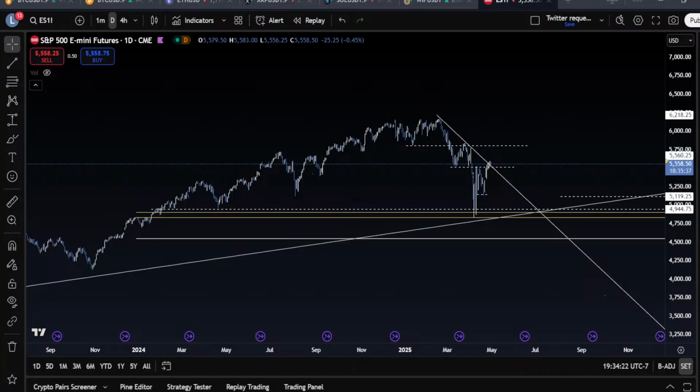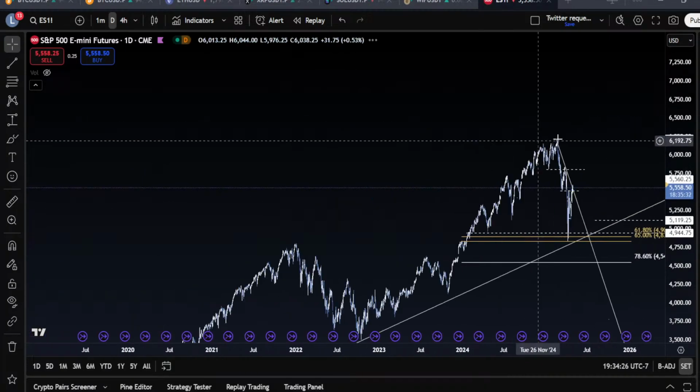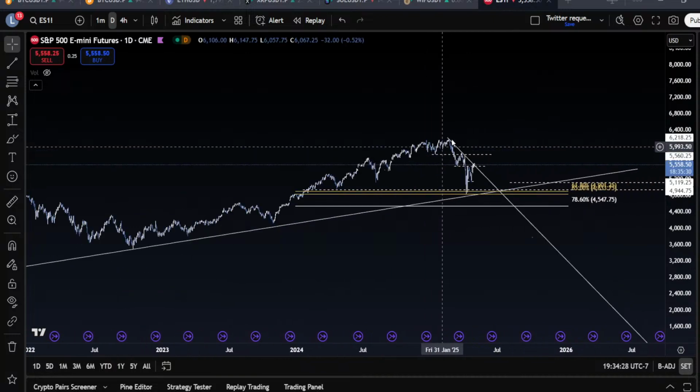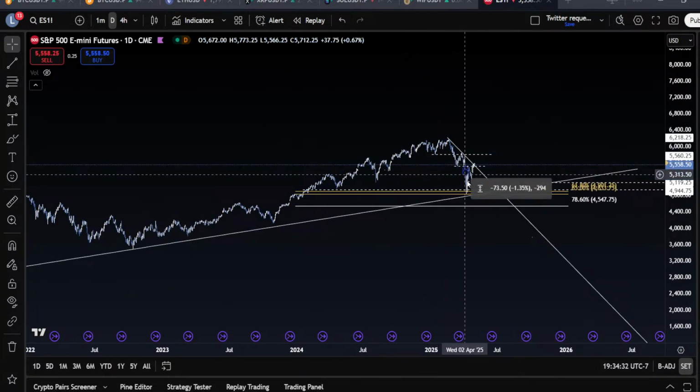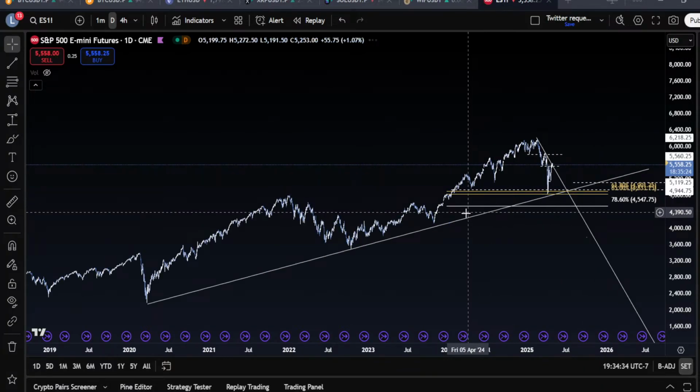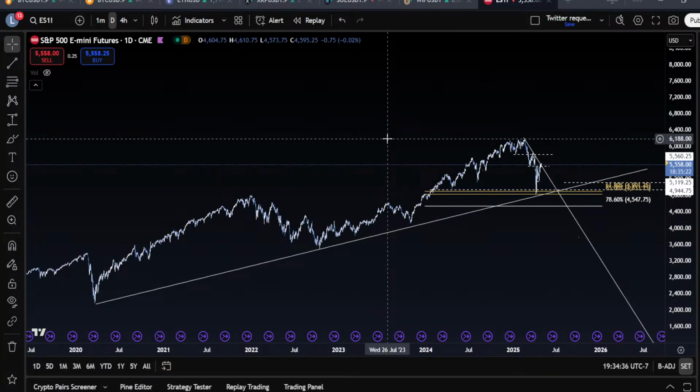Yeah, I'm bearish on the stock market. But I've been getting pretty bearish from up here. This was the first level I thought looked quite interesting.